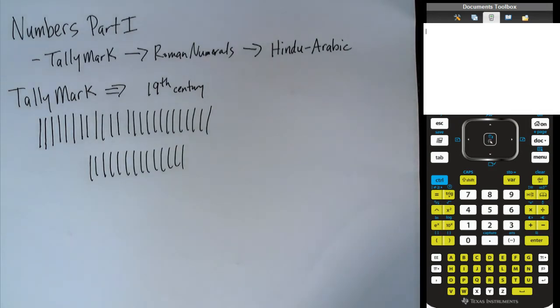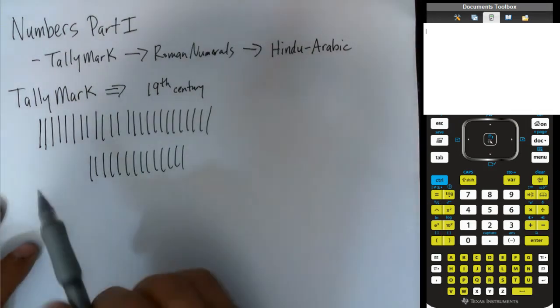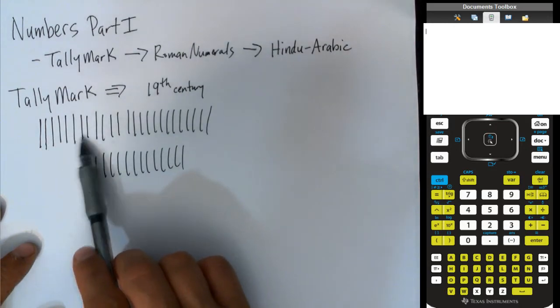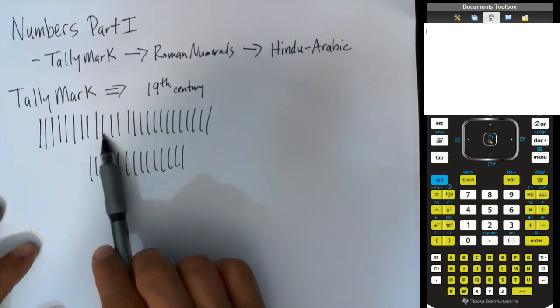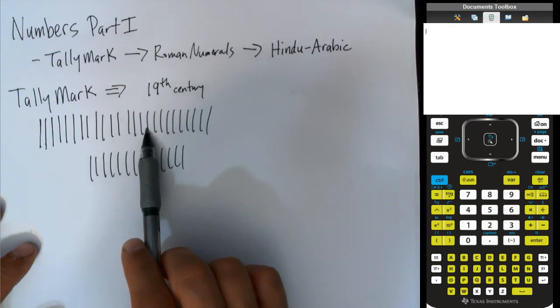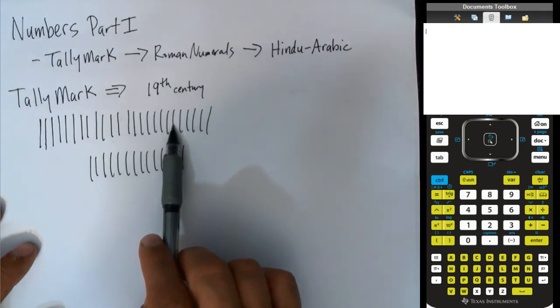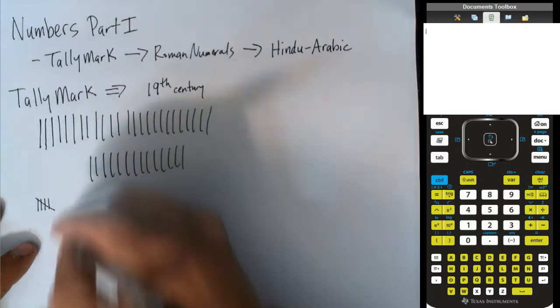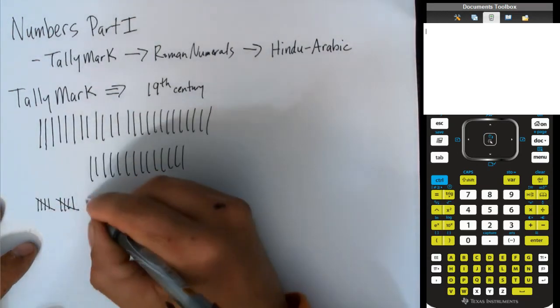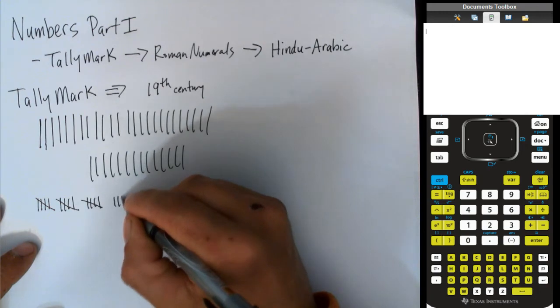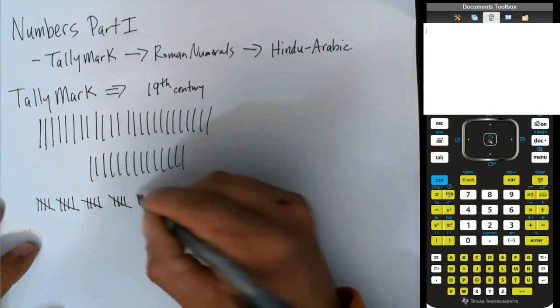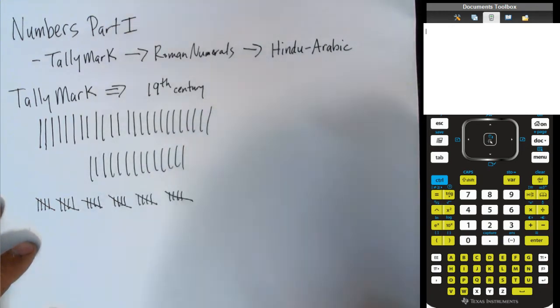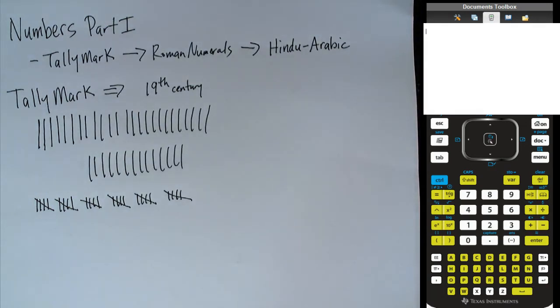It evolved into, well, let's see, what do we have here? 1, 2, 3, 4, 5, 6, 7, 8, 9, 10, 11, 12, 13, 14, 15, 16, 17, 18, 19, 20, 25 tally marks. Well, that's 30. Right off the bat, I can see that that's 30.